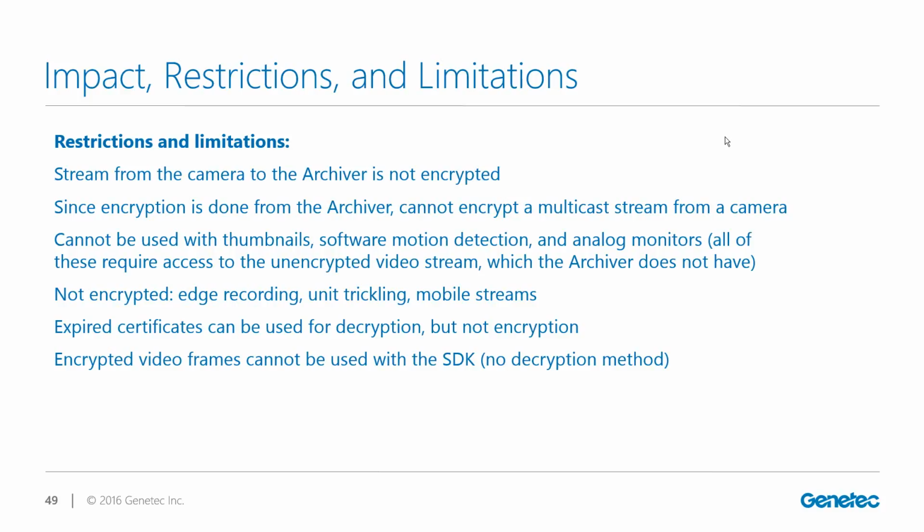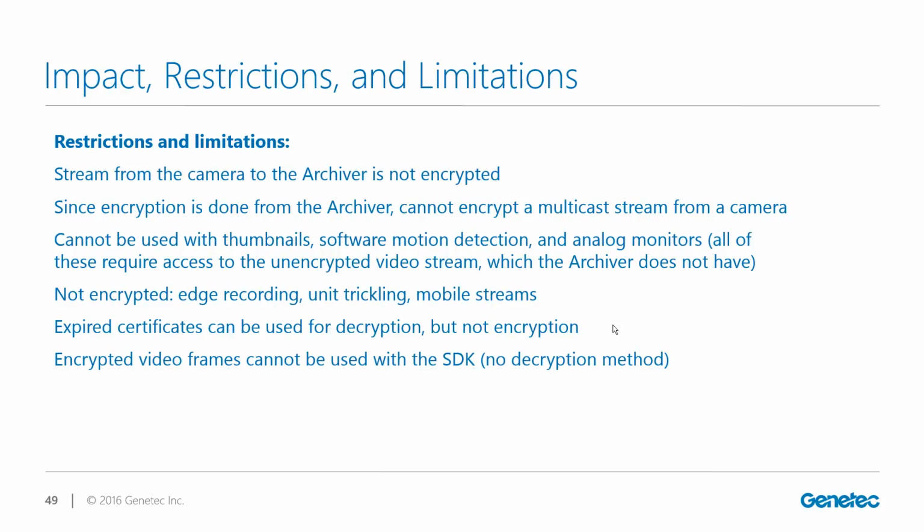A few things that are not encrypted: edge recording, unit trickling, and mobile streams are all not encrypted. And we were talking about certificates expiring before. If you have video that was encrypted and then that certificate expires, you don't want that to be a problem if you need to look up older video, because of course some states and countries require video to be held for quite a long time.